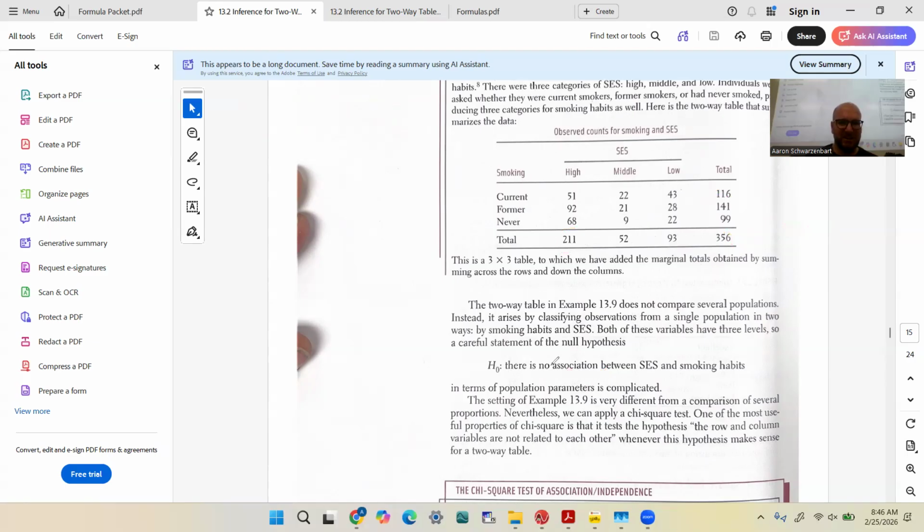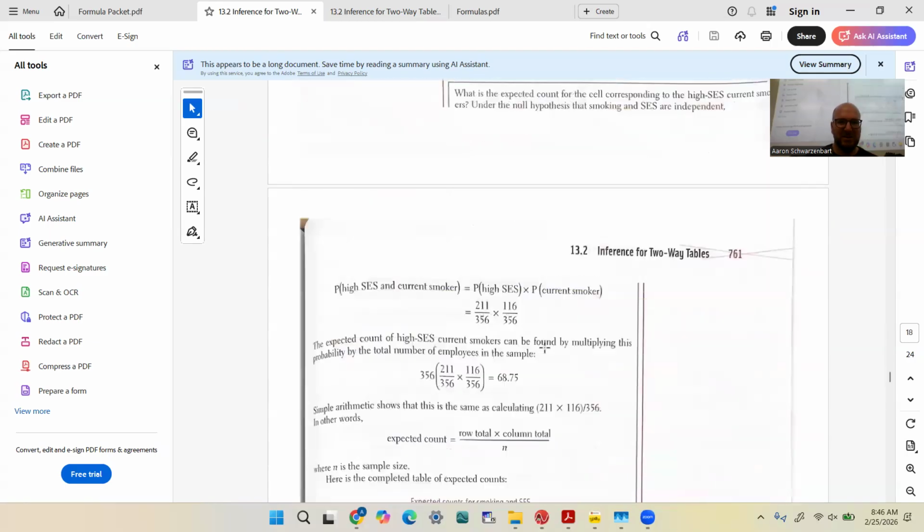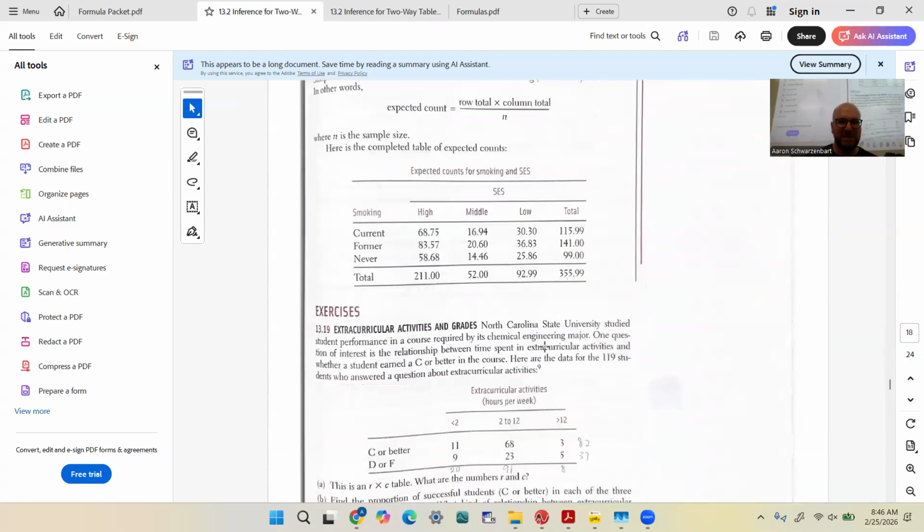And so after calculating all the expecteds, row total, column total, minus table total. So I can know what I'm looking at. There's no association, there is an association, H0, HA.